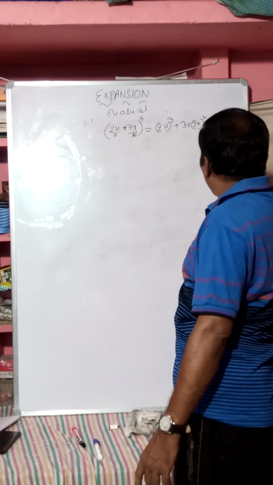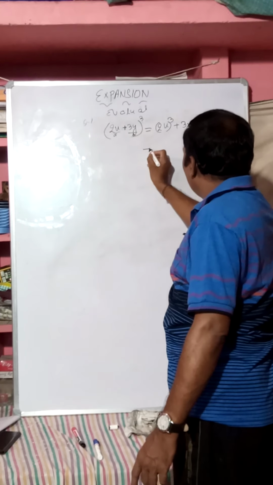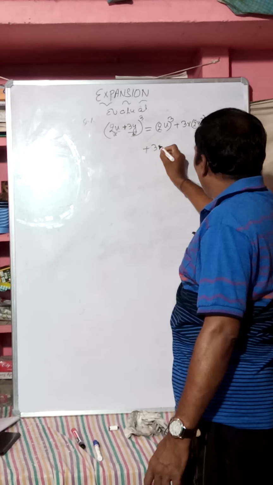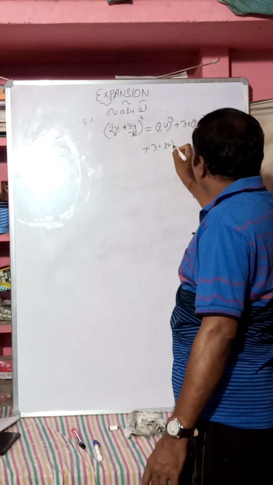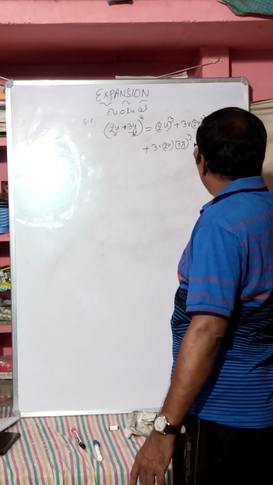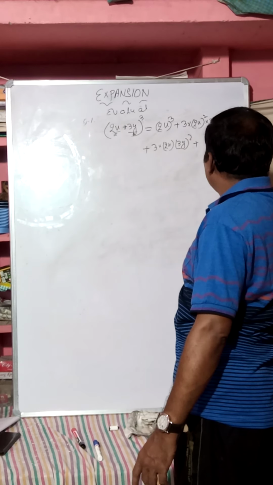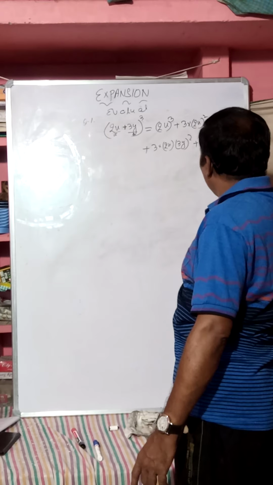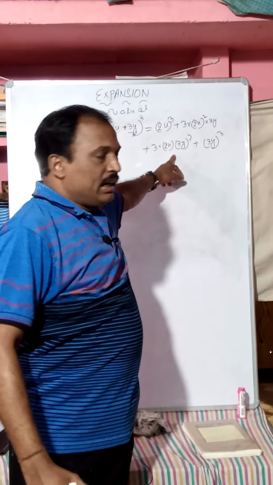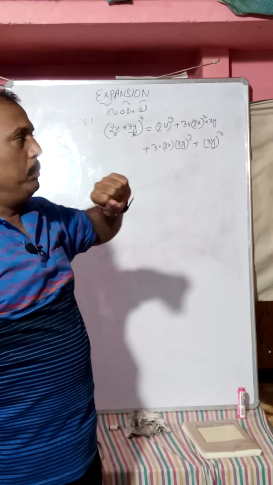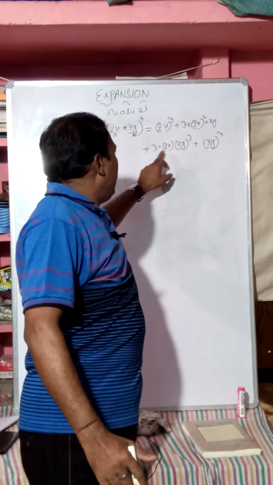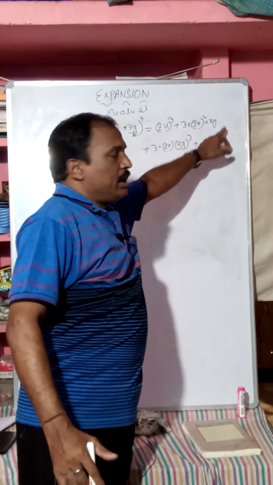Here b is 3y plus 3ab square. 3 into a means 2x and b square 3y whole square plus b cube means 3y whole cube. This is the direct reflection of the formula a plus b whole cube, a cube plus 3a square b plus 3ab square plus b cube.